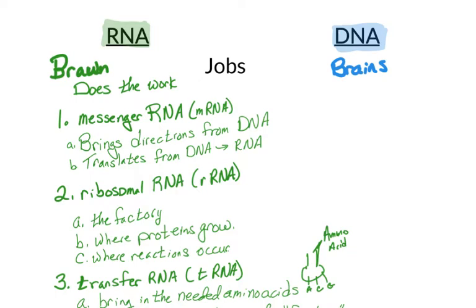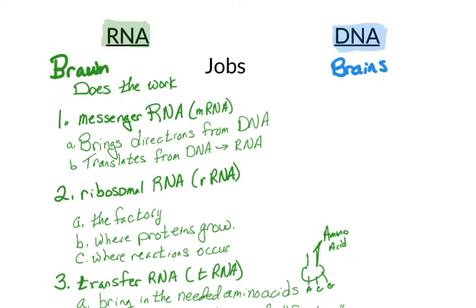And the proteins join together and they create your protein inside of the ribosomal RNA. And the protein grows out of the ribosomal RNA and starts to form and become active. So those are the major jobs of the RNA.